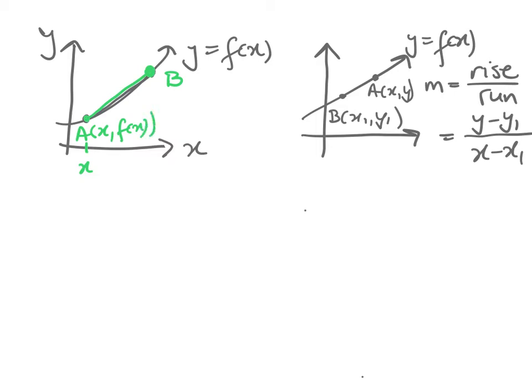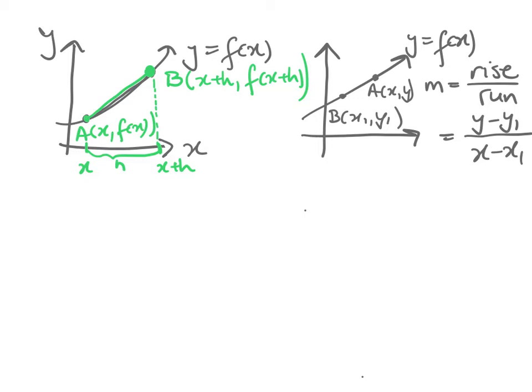And if you add any number to x, for example any length that we label h, then this point here is going to be x plus h, which gives us a point with x coordinate x plus h and y coordinate f of x plus h. Now we have 2 points, and using those 2 points we can find the slope of this chord.